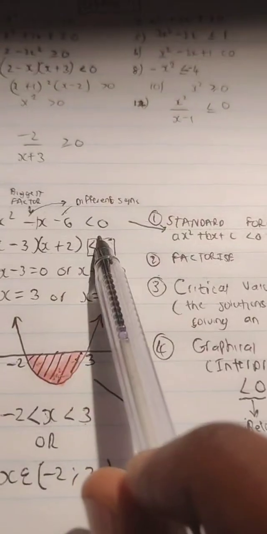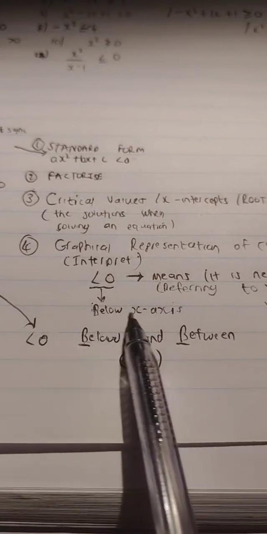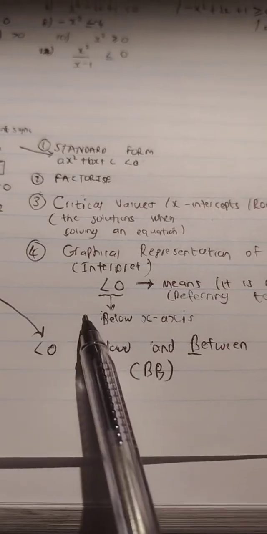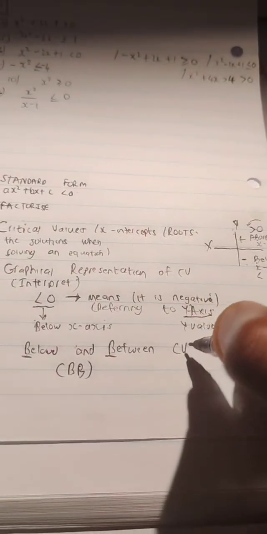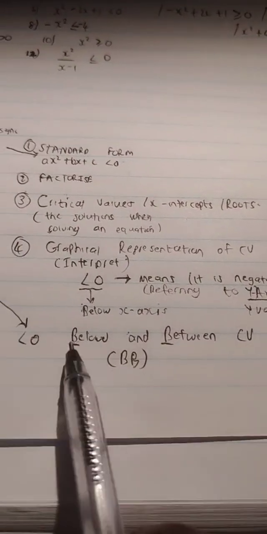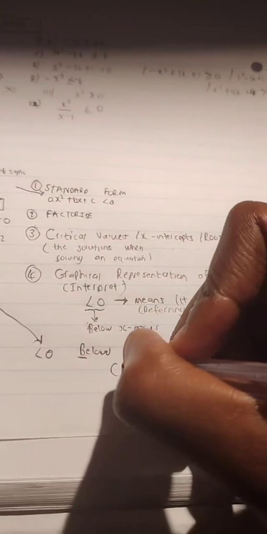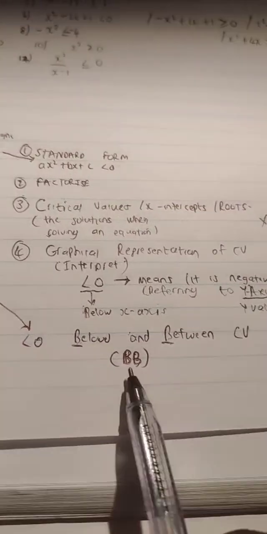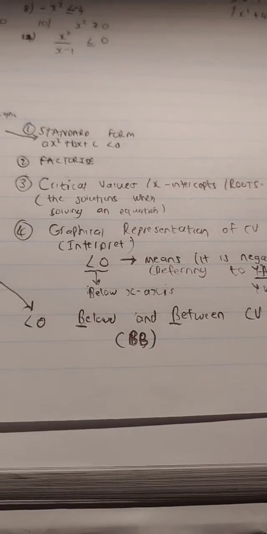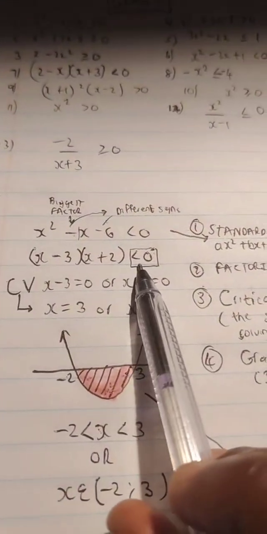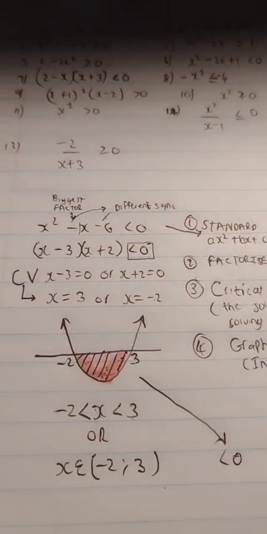When for a quadratic expression you have less than 0, it always says below the x-axis. But below the x-axis will be between the critical values. Below and between. Hence I call it BB. Below the x-axis, between the critical values. That's what less than 0 interprets to.